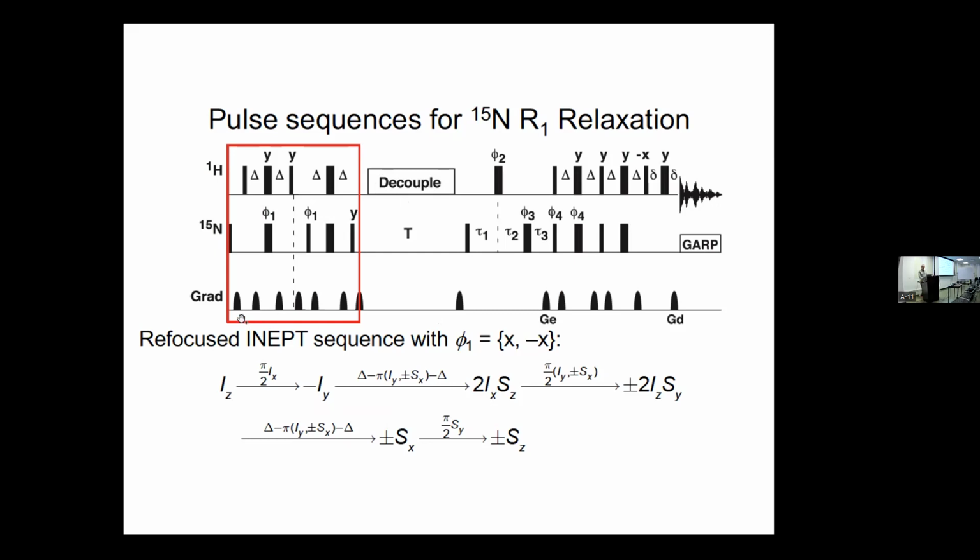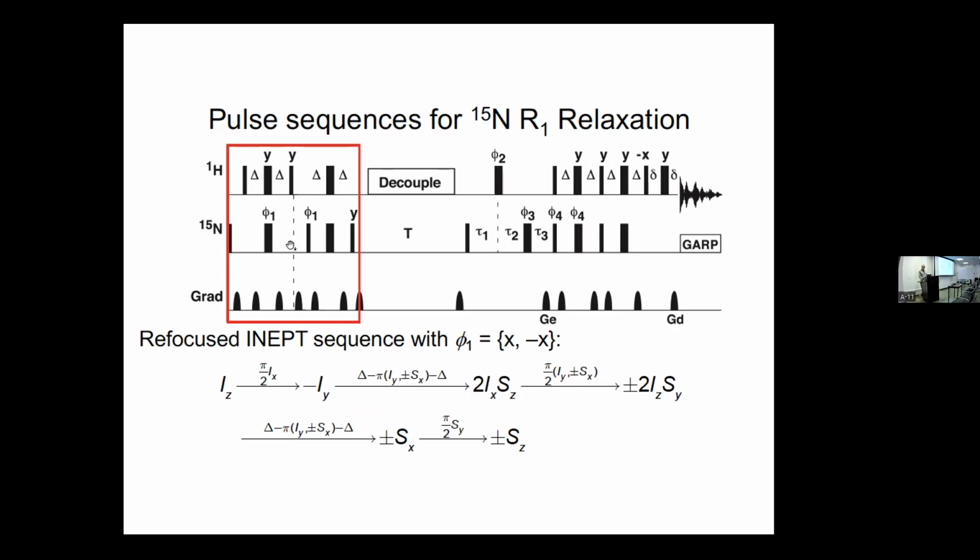These gradients here, this first gradient is to dephase any nitrogen Z magnetization, so that all the signal is coming from the hydrogen. These two gradients are just serving to clean up the effects of pulse imperfections of the 180s.